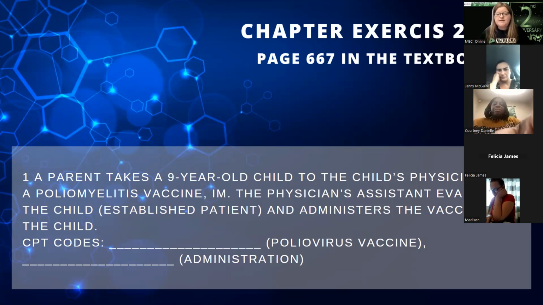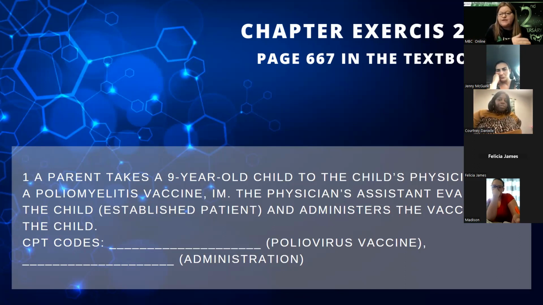And guys, for my newer folks, your first step when you're finding these CPT codes in your manual, there's an alphabetic index. It's a really thick section at the back of the book, and you start there. If you look up poliovirus vaccine in there, it'll lead you to the section in the book where the codes are. We call that the tabular index. Your alphabetic index will lead you to your tabular.